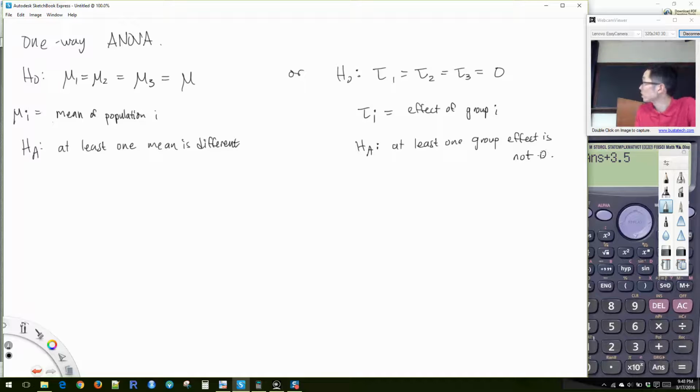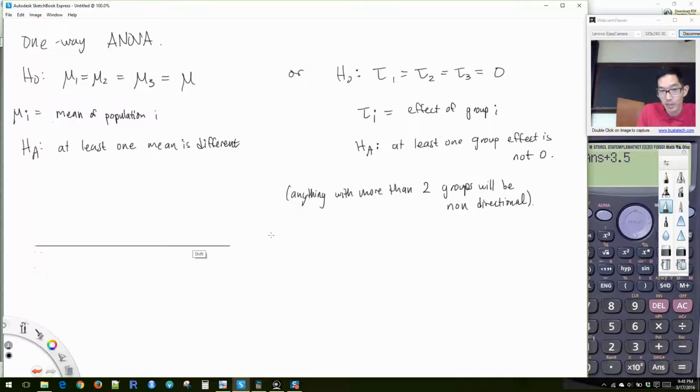Okay, so anything with more than 2 groups is going to be non-directional. And then to do this, you build up your ANOVA table with source being between groups, and then within or residual.